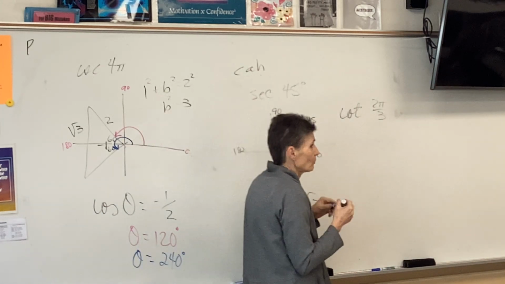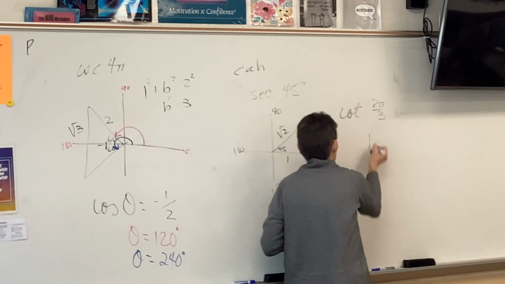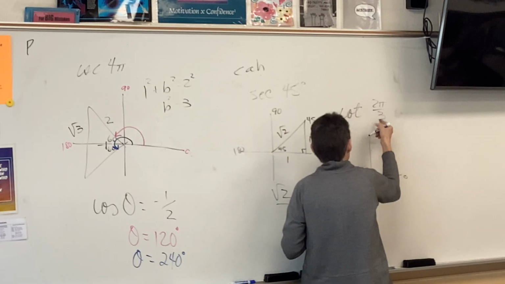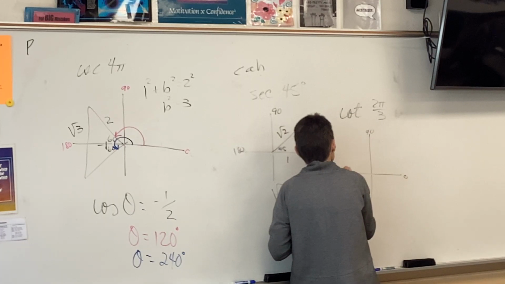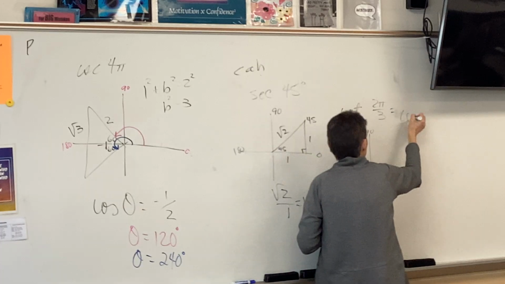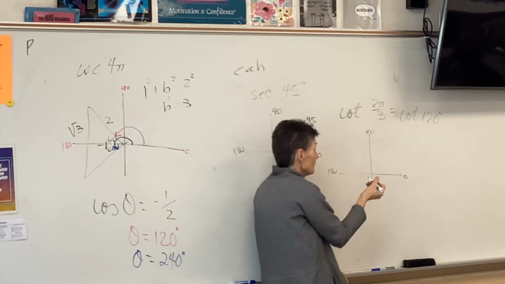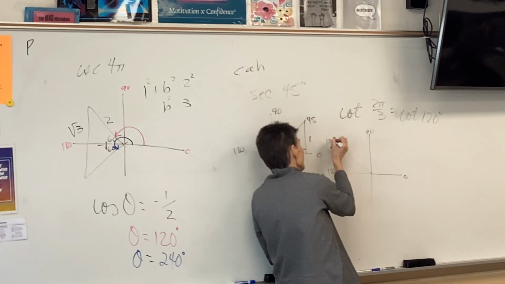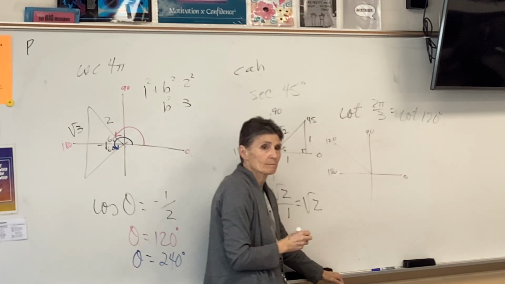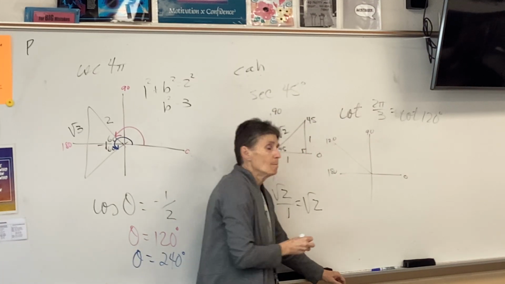Cotangent 2 pi over 3. So we're doing the exact same thing. Got to figure out what 2 pi over 3 is, and somebody already told me it's 120. Is that all right with everybody? So 120 is over here. Butterfly bow tie.